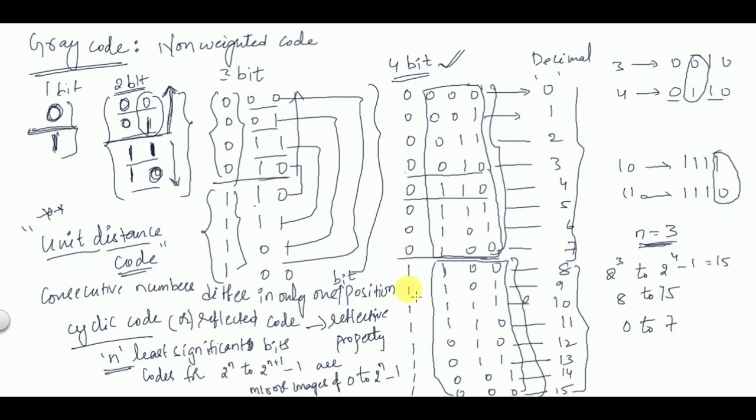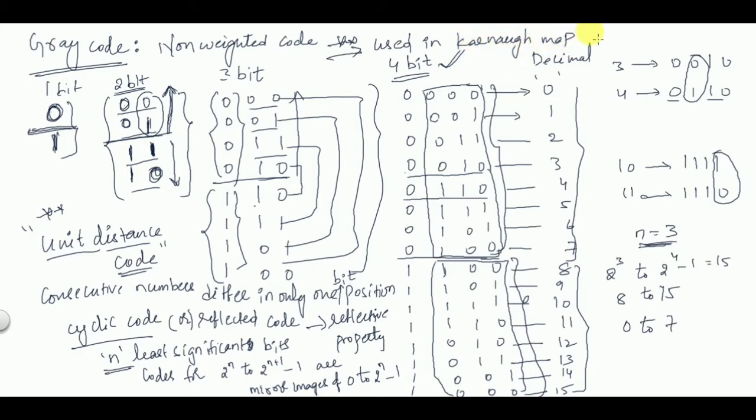So gray code is also called a non-weighted code, unit distance code, cyclic code, and reflected code, because it has the reflective property. And a very important point, asked many times in many competitive exams, is the application of gray code. Gray code is used in Karnaugh maps.